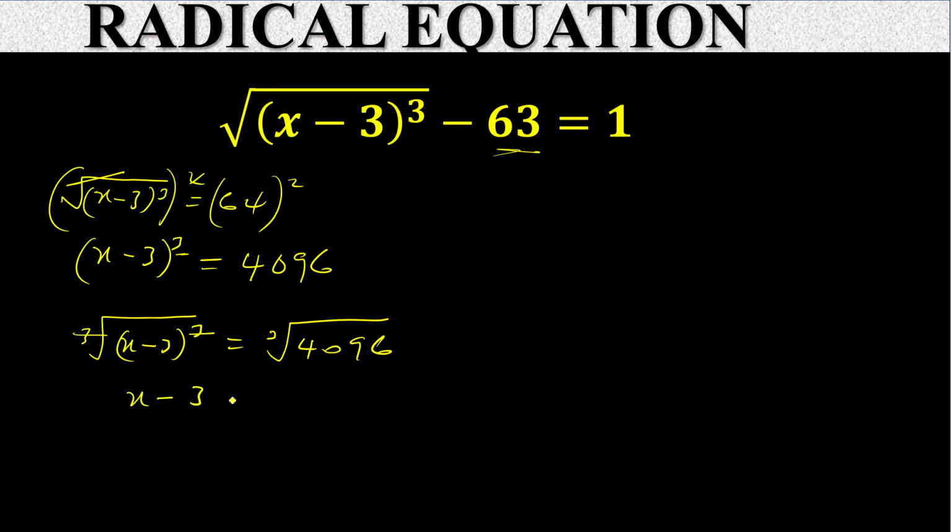I'll be left with x minus 3. Now cube root of this will give us 16. Alright, so this one becomes a basic equation. So x is equal to 16 plus 3. So x is straight away 19. Alright, so that's that.